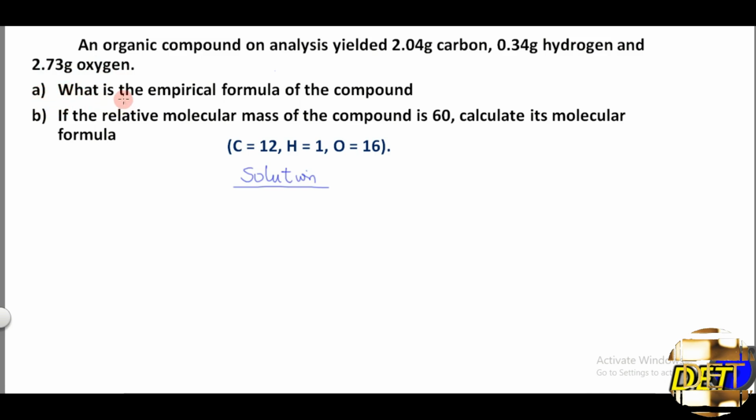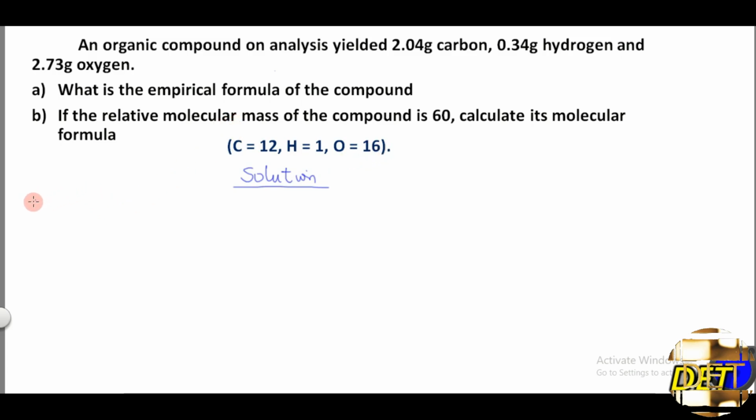Question A is, what is the empirical formula of the compound? B is, if the relative molecular mass of the compound is 60, calculate its molecular formula. We are given that the relative atomic mass of carbon is 12, hydrogen is 1, and oxygen 16.